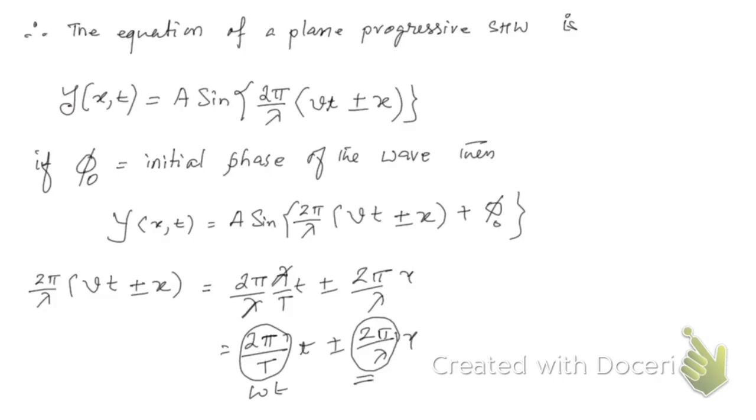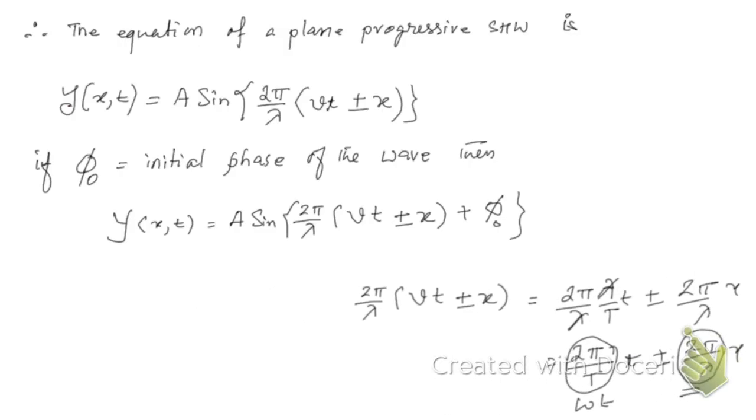So that's why we can write this equation in terms of angular frequency and propagation constant. Omega is equal to 2 pi by T, and propagation constant k is equal to 2 pi by lambda.